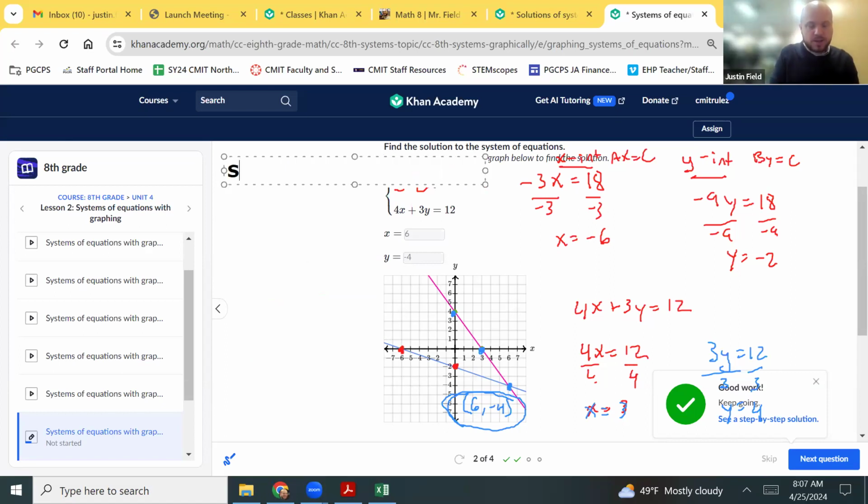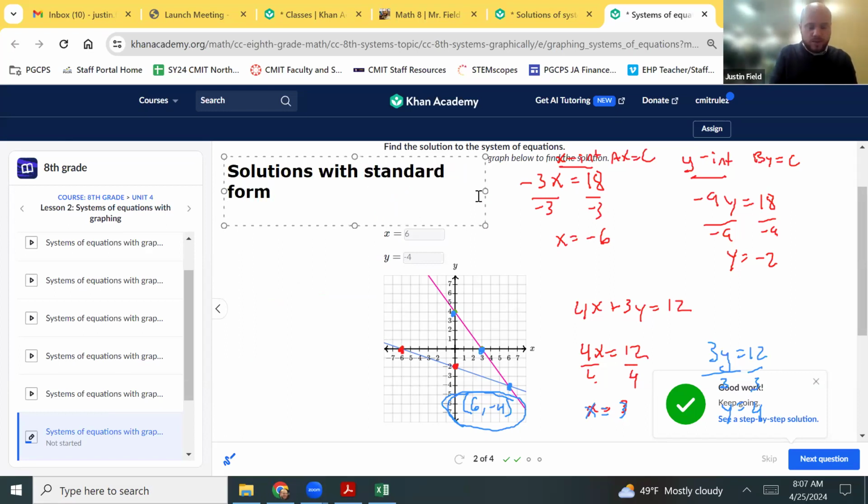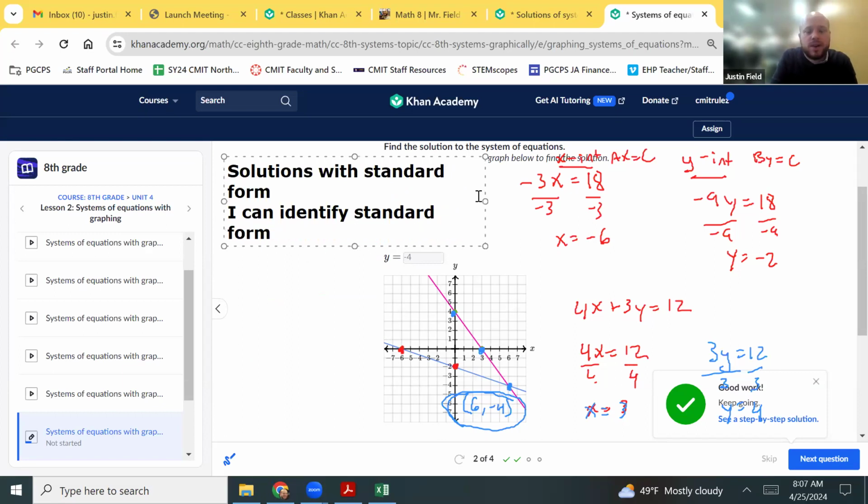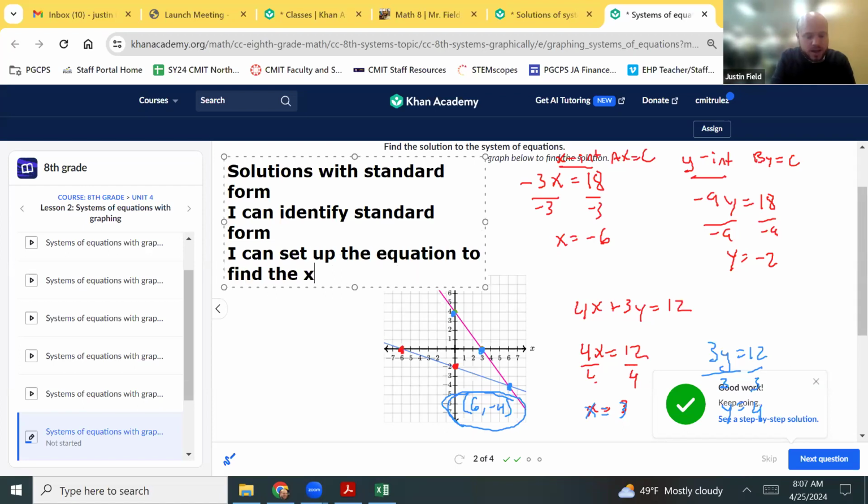And now this is solutions with standard form. How do we graph this? So the first thing is I can identify standard form. Got to identify standard form, right? Then I can set up the equation to find the x-intercept.